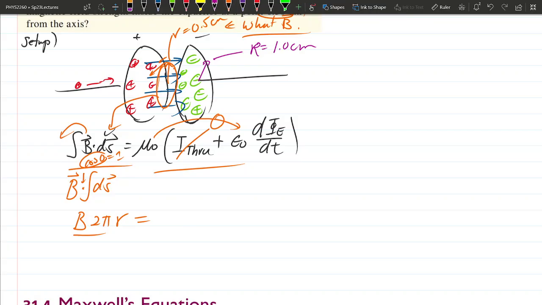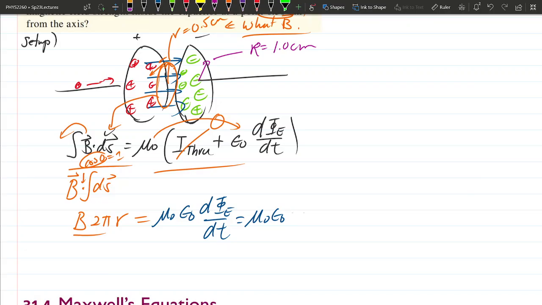let me color code things. The stuff that has to do with electric field is going to be in blue. Now we have to figure out what is the changing electric flux between those two capacitor plates. Since we have a constant area across this, this is just going to be the derivative of whatever the electric field is as a function of time.